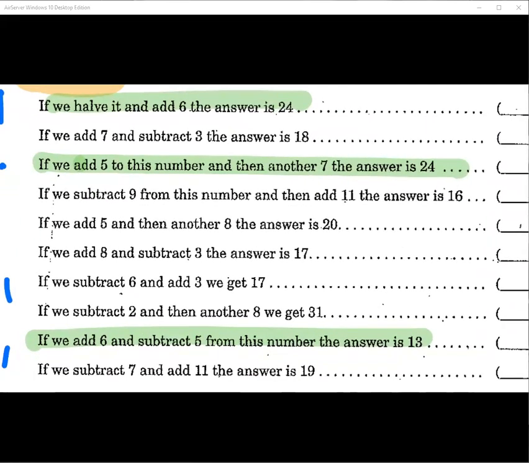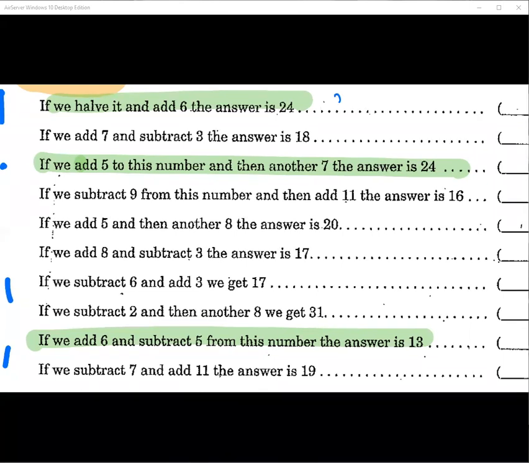So Ibrahim's done the first one. Talha, what's the answer for the first one? Number one, what's the answer?